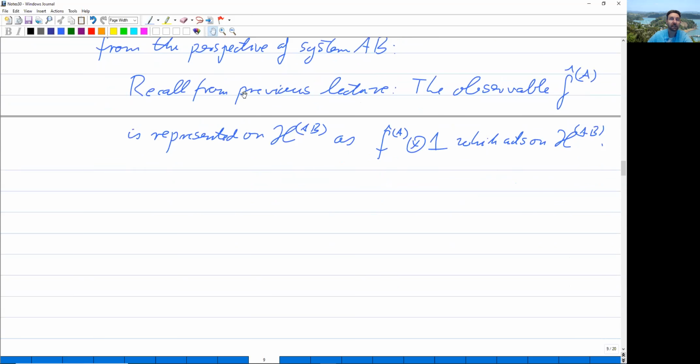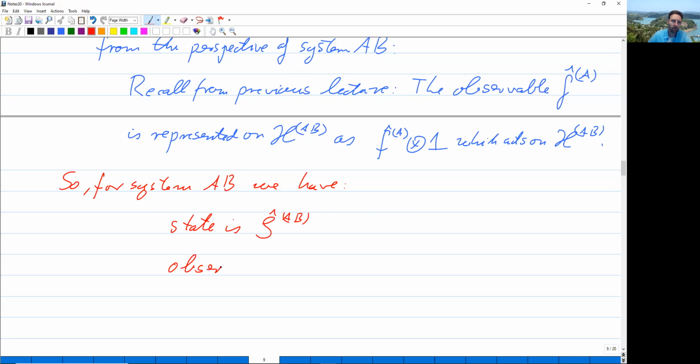So now we have everything we need, namely, for system AB, we have state is rho hat AB.